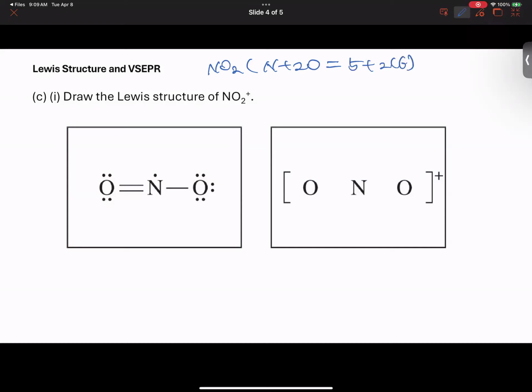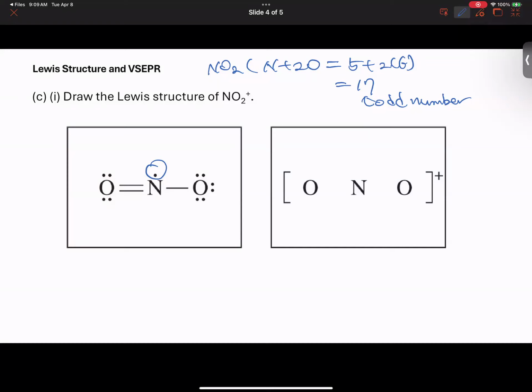Oxygen has group 6A, 6 valence electrons. Total 17 valence electrons. It is an odd number of valence electrons. That's why we cannot have a good Lewis structure of nitrogen dioxide. We need to apply the molecular orbital theory to have a really good understanding of nitrogen dioxide.